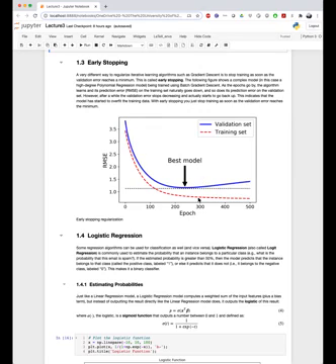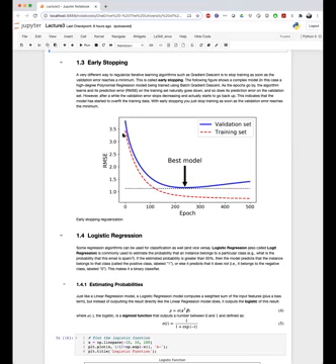And for this kind of training, we can monitor the training error. We can also monitor the validation error. The training error will get smaller and smaller as the number of epochs goes up.